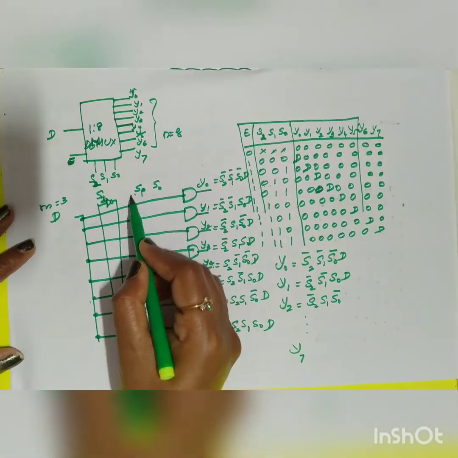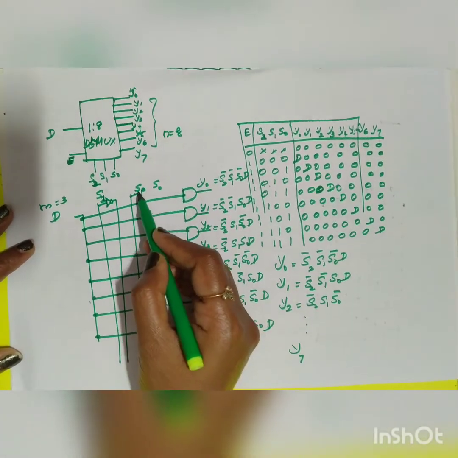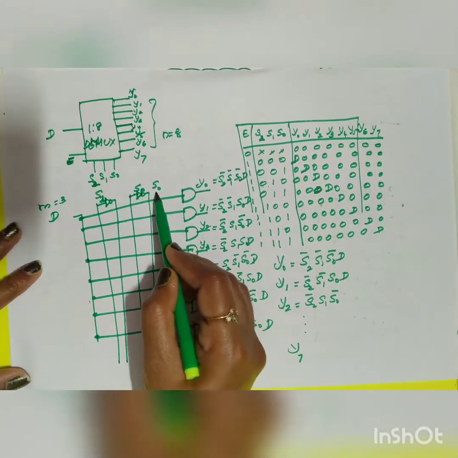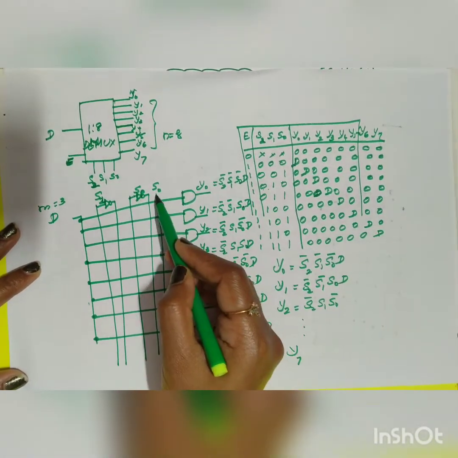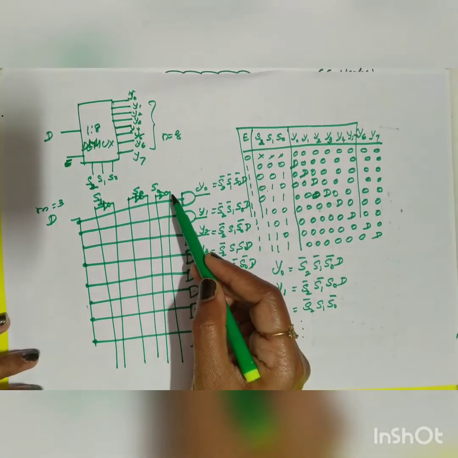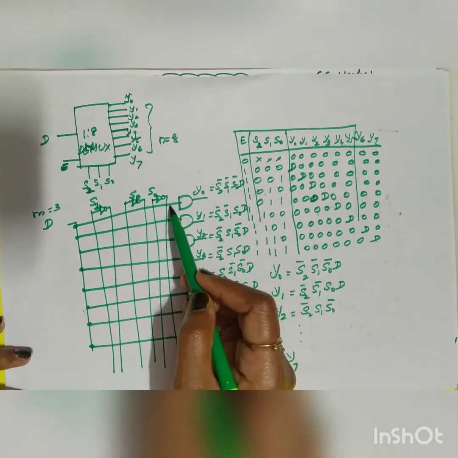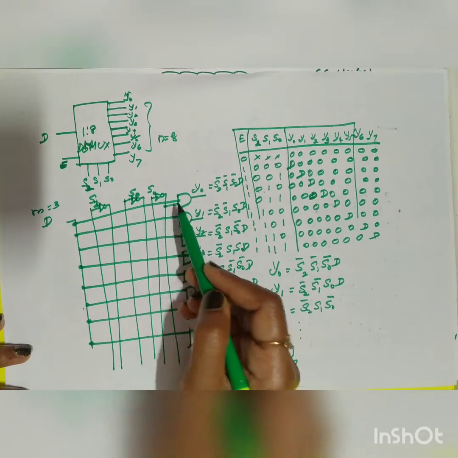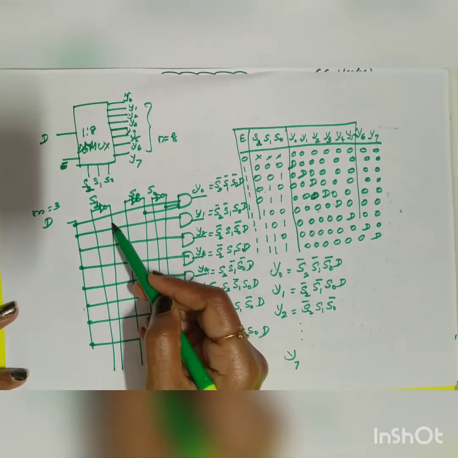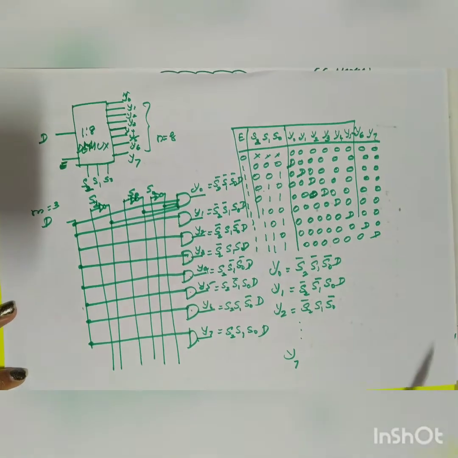Similarly, here you will be having S1 and a NOT gate which will give S1 bar. Similarly, you will be having S0 and a NOT gate which will give your S0 bar. So here in this case everything is complement: S0 bar, S1 bar, S2 bar. This is how you have to give the connection.